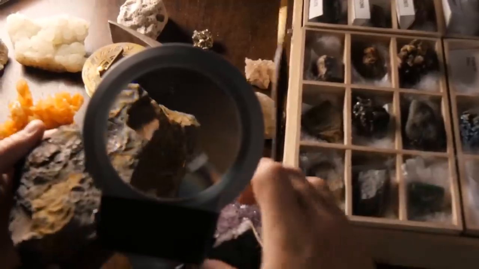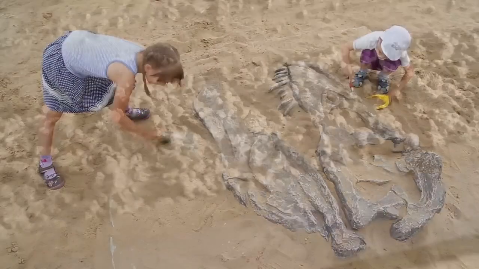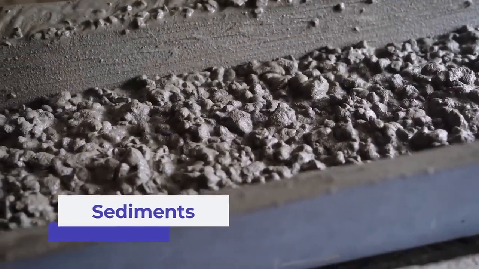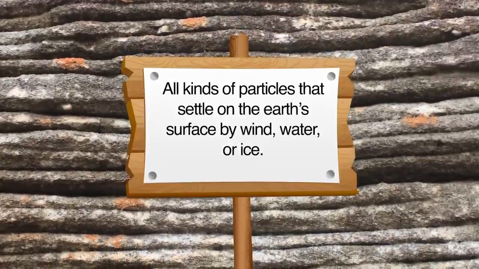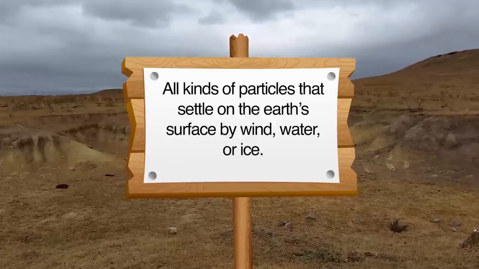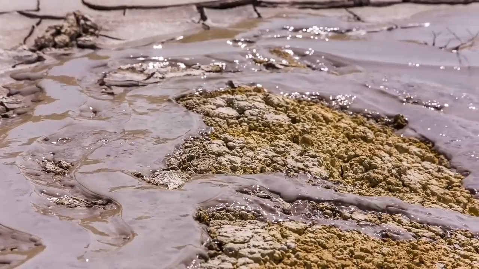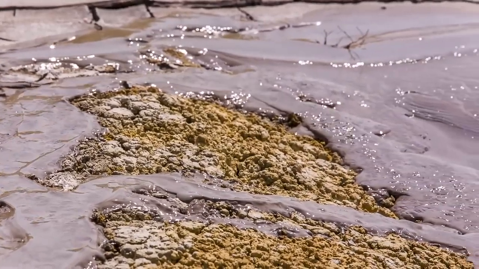Fossils may be found in the dirt or even deeper in the crust below. There are also sediments. Sediments are all kinds of particles that settle on the Earth's surface by wind, water, or ice. Kind of like the alluvium that makes the fan-shaped landform that we saw before.